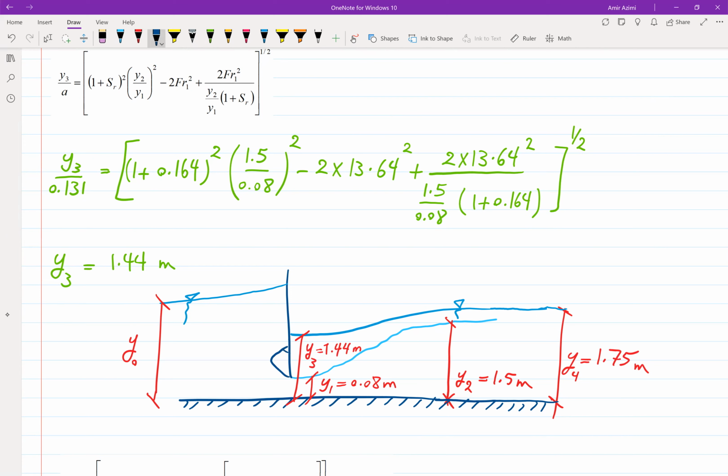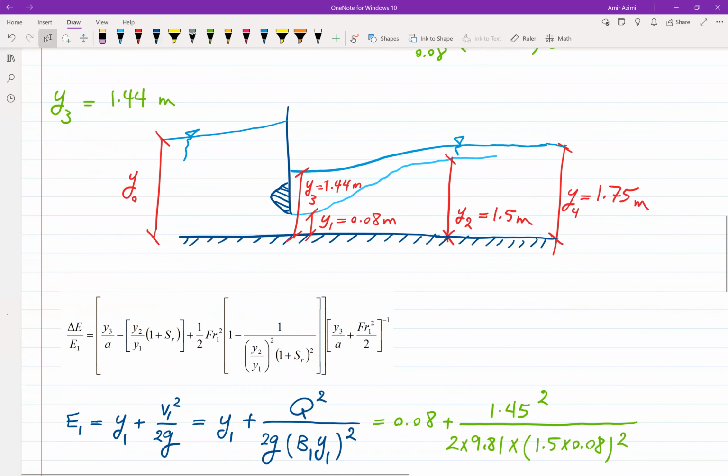This is when we get into chapter 7, when we go more in depth into the design of sluice gates and other types of gates, because there's an energy loss. If you can calculate the energy loss, you can calculate Y0 as well.